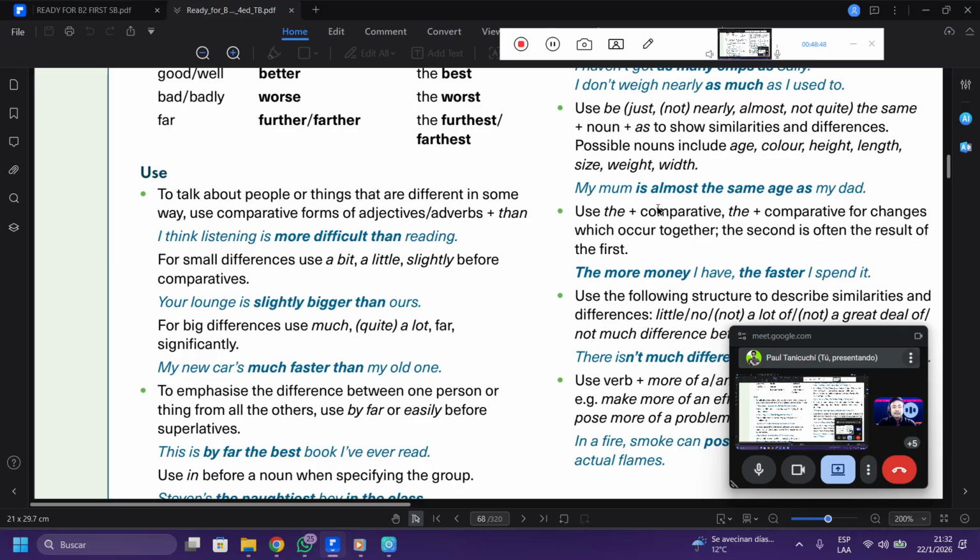For example, you can say, my sister is almost the same height as my brother. It could be, my brother is almost the same hair color as I, or as mine.